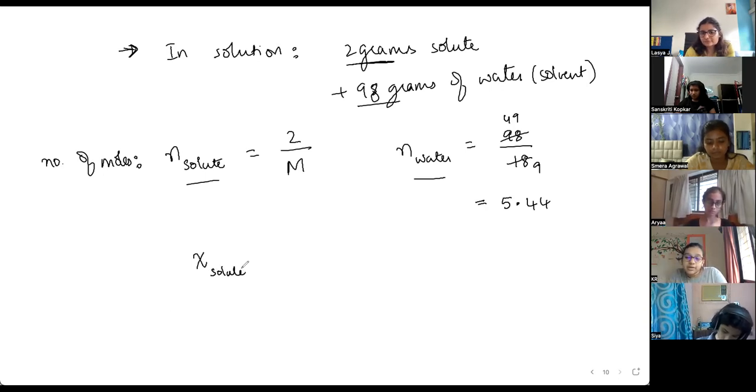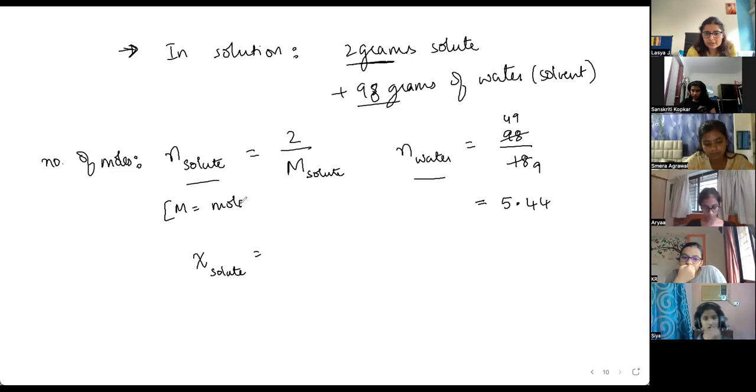Sorry, what is capital M? Capital M is molar mass of the solute. Capital M is always molar mass of that substance. Yes, we write it for molarity also, moles per liter. Okay, so let's put here where M equals molar mass.